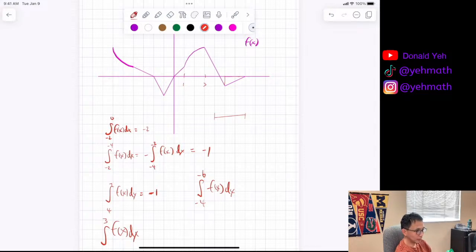Oh, wait, Aiden said 6 minus 5? Yeah. No, that's not right. Okay. Wait. Oh, hold on. That's another quarter circle, right? Oh. Yeah.